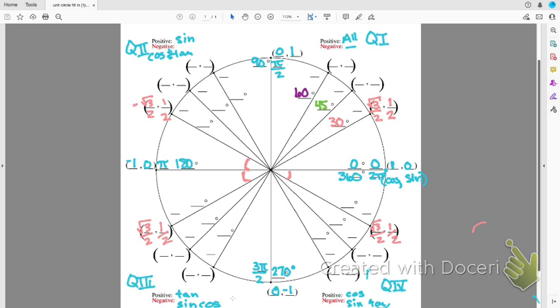So that means the cosine's negative, yep? Okay, what about in quadrant 3? They're both negative. What about in quadrant 4? The y's negative, so the sine's negative. So if I knew 30, would I know all those other 3 angles? Yeah, we just got to figure out how much those other angles are. If this is 30 here, then what's this?